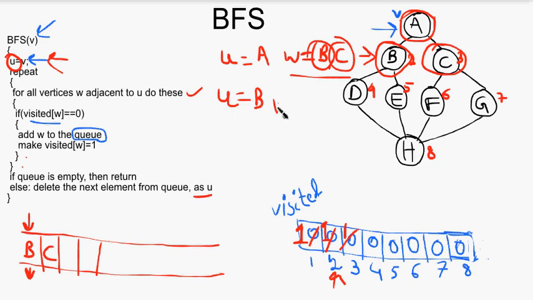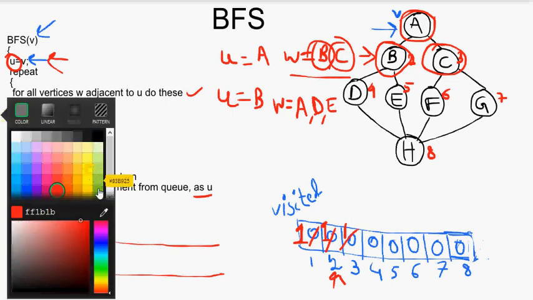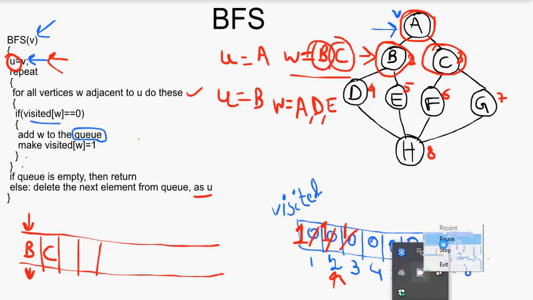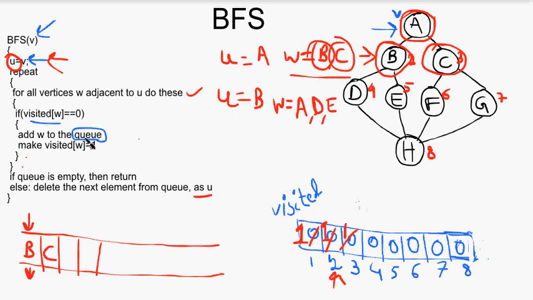Now for B, what are the adjacent vertices? For B, the connected vertices are A, D and E, right? Thus it will get inside this if checking condition. Inside this if checking condition, it will check whether visited of W is not set.